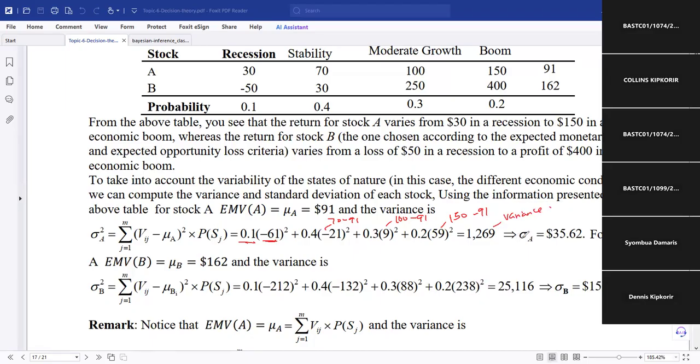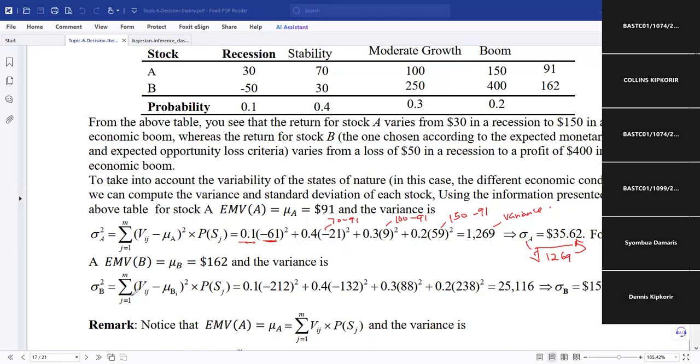Then getting the square root, this sigma A is the square root of 1269, which is giving us the standard deviation for the stock. That is for the first alternative, that is taking on stock A.